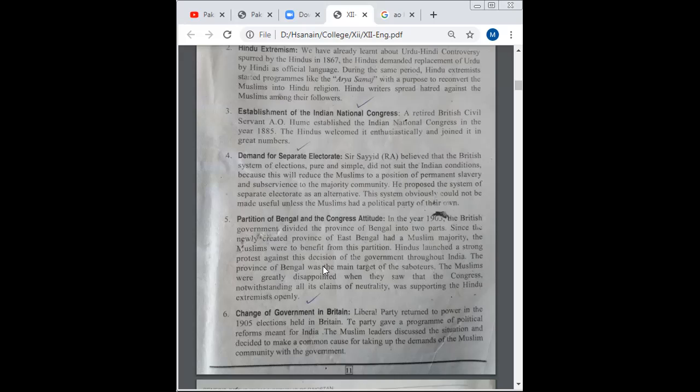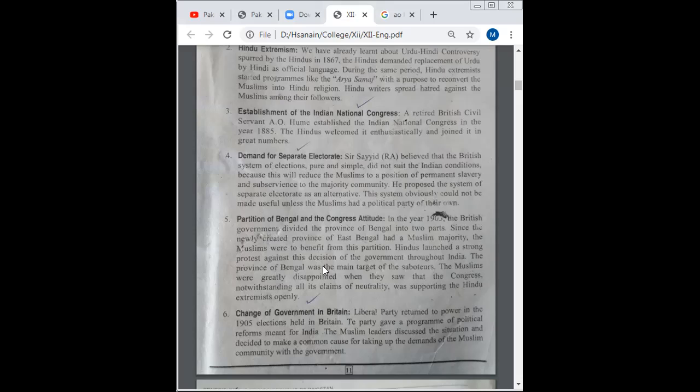Sir Syed Ahmad Khan was of the view that this political system is totally unsuitable for the subcontinent because there are two big nations, the Muslims and the Hindus, and both these nations will follow their ideology in the political system which was introduced by the British government. That is why Sir Syed Ahmad Khan demanded that there should be a separate electorate system in the subcontinent.